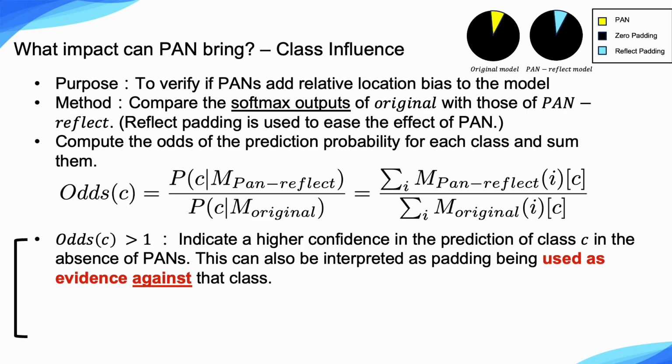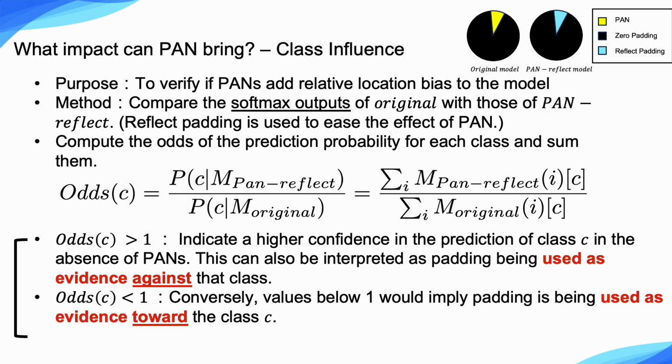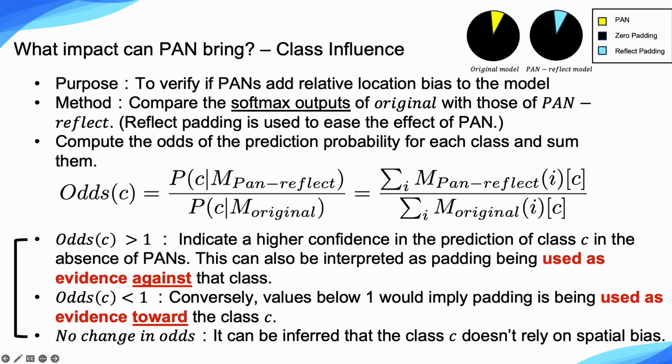This could be interpreted as padding being used as evidence against that class. And if the odds is lesser than 1, the value implies the padding is being used as evidence toward the class. And if there is no change in odds, it can be inferred that the class C doesn't rely on spatial bias.